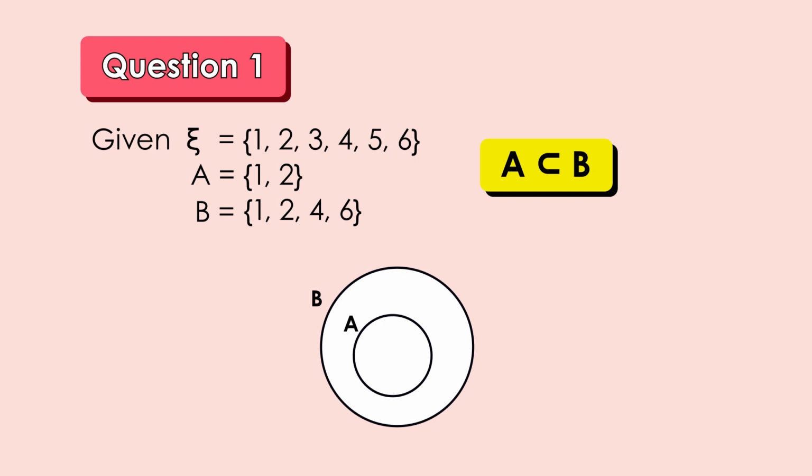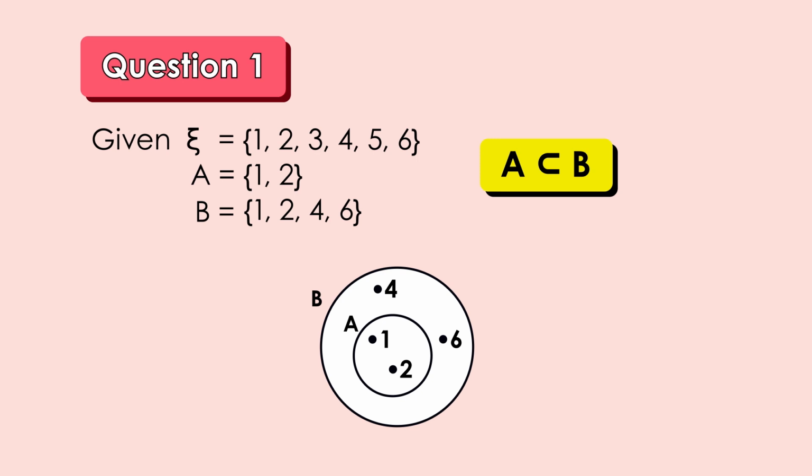All the elements of set A, which are 1 and 2, are put inside circle A. What about the elements of set B, which are not included in set A? They are written outside the circle A, but within the space of circle B. These elements are 4 and 6.